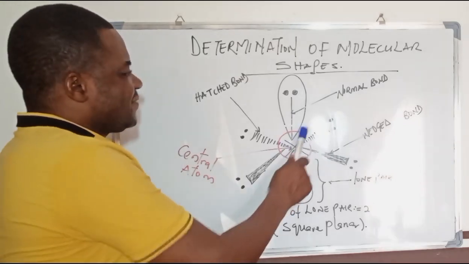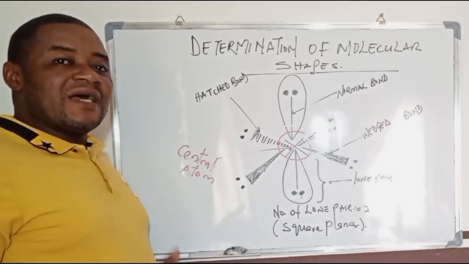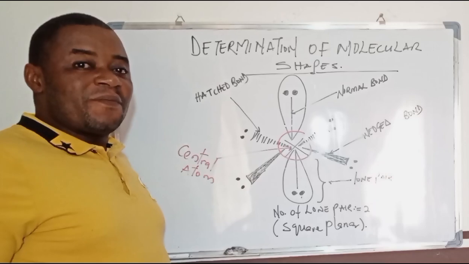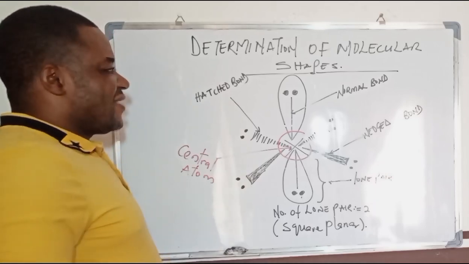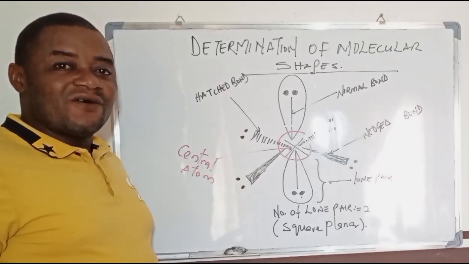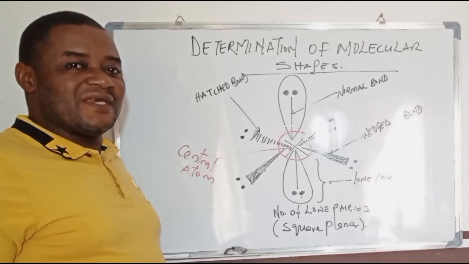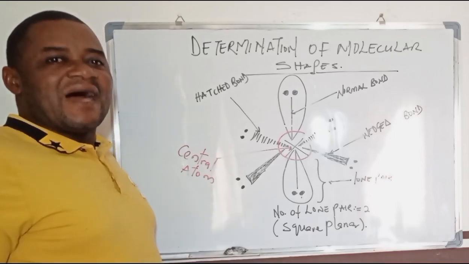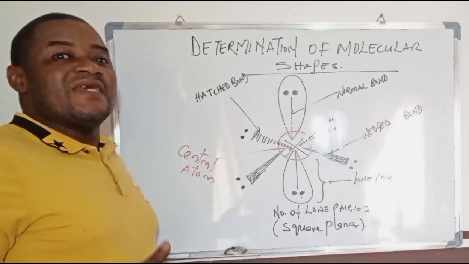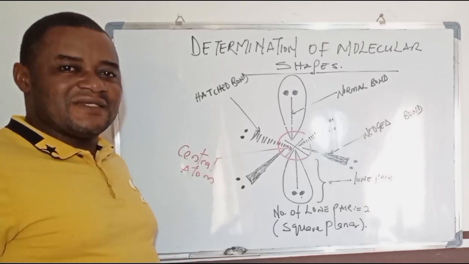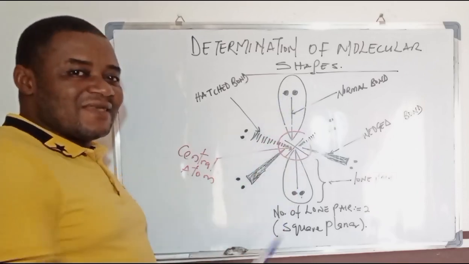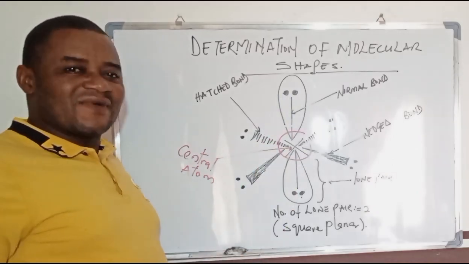It bonds itself with other atoms through what we call electron pairs. So there exist electron pairs in every molecule that you see, and this electron pairing is because of the covalent bonding that exists between the central atom and the other atoms that surround it.